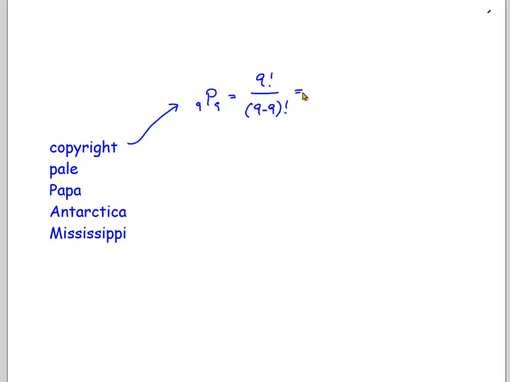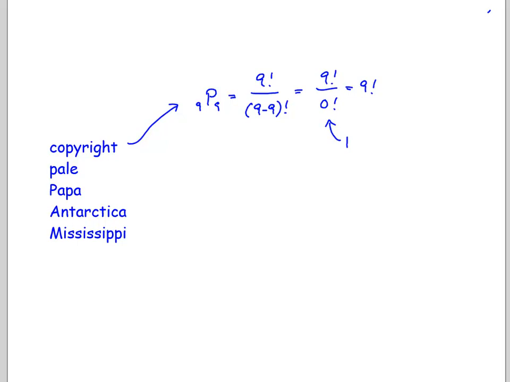Ooh, here's an interesting one. Turns out this is actually 0 factorial, and there are reasons behind that. I put that somewhere in the homework quizzes, and there are certain proofs for that as well. And so basically this one comes out to 9 factorial, and we had that several times.